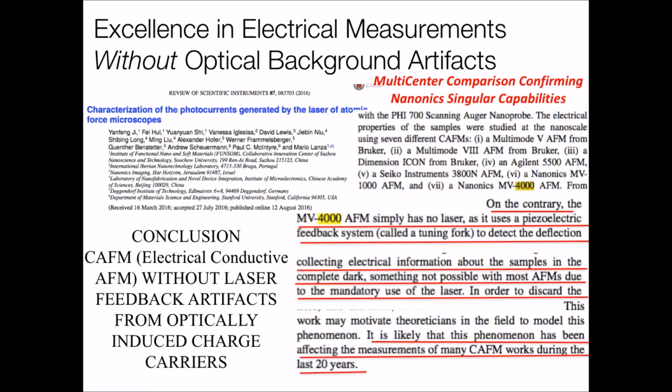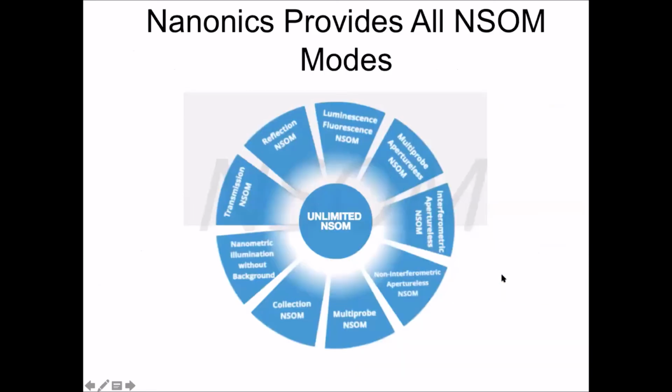And this is a multi-center study at Stanford, Germany, China, Portugal, and 7 different AFMs. And they say, on the contrary, the MV4000 AFM simply has no laser, as it uses piezoelectric feedback system called a tuning fork, collecting electrical information of the sample in the complete dark, something not possible with most AFMs.